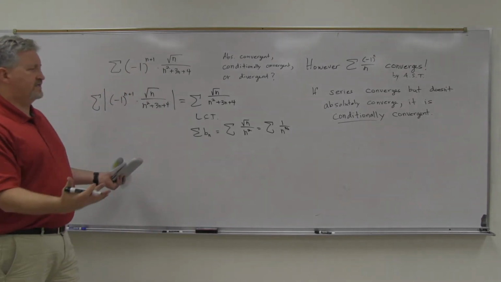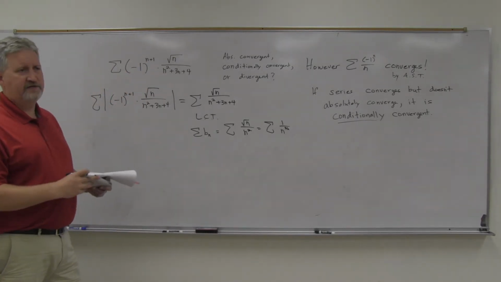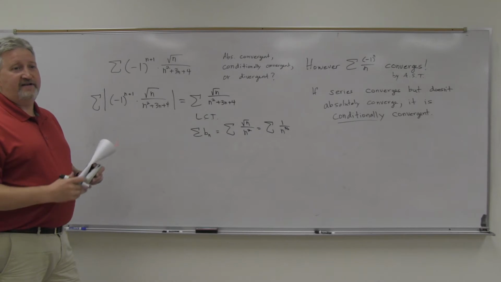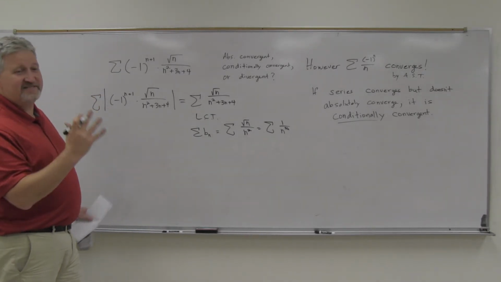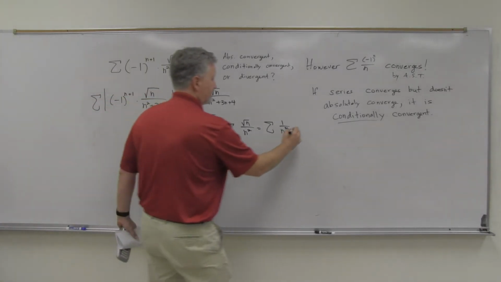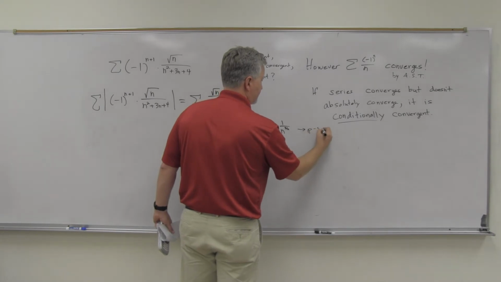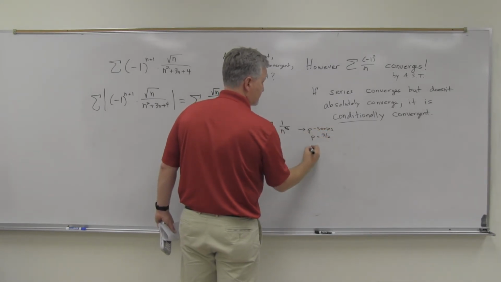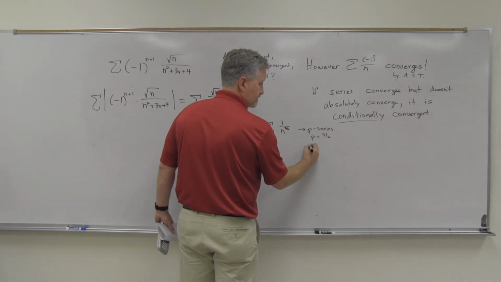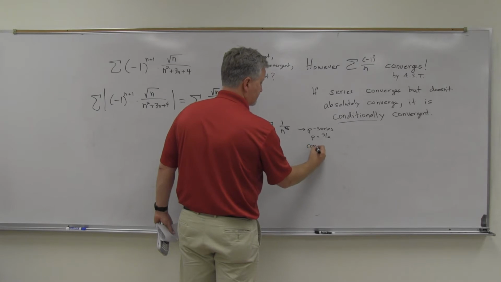You can either write it as n to the -3/2 or 1 over n to the +3/2, but I write it this way because, yeah, that's a p-series, isn't it? P equals 3/2, which is greater than 1. Convergent.